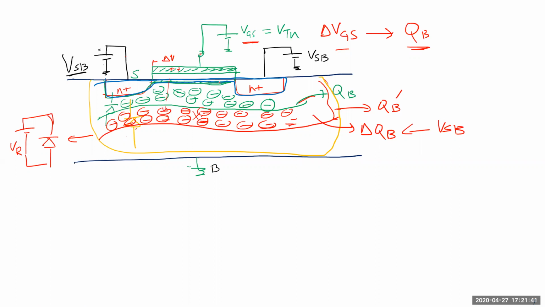It's just that my VG needs to be more than what it was required before. I'm sorry, the surface potential has changed, but if I can provide all this differential charge from my gate to source voltage, then I'll be back where I started from at this surface, and it'll look like my original VT. Everyone follows this?